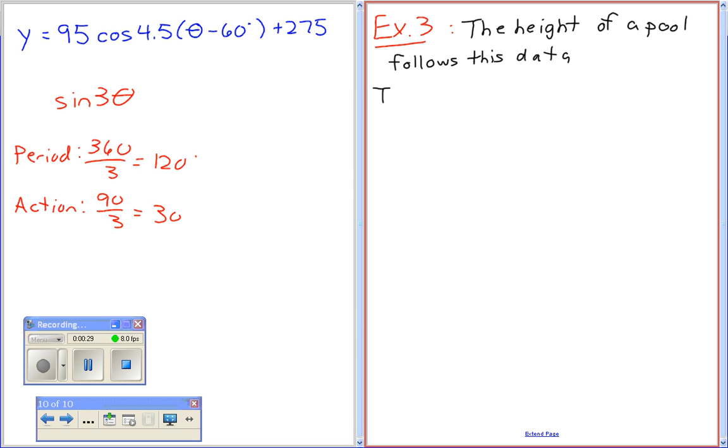And you're going to make a little chart here for time and height. I'm just going to alternate colors here just so you can follow the points along pretty good. So 0s with 14, 2s with 16, 4s with 17, 6s with 16, 8s with 14, 10 is with 12, 12 is with 11.